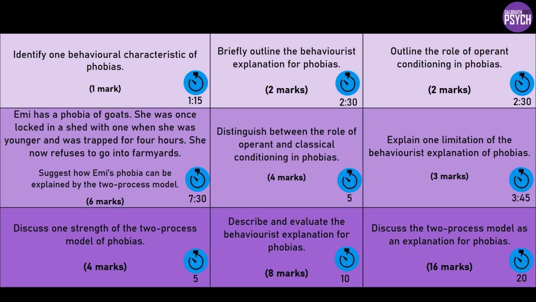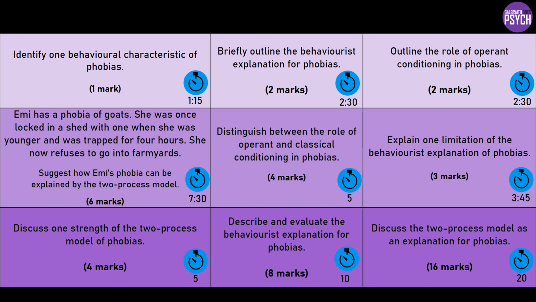You could also introduce, if you wanted a different point, there's research that shows that not everybody with a phobia has some kind of traumatic event that triggered it. According to this theory, there should be some kind of initiation event, yeah? Some kind of classical conditioning that's happened that's made them fear whatever the stimulus is. It might be a phobia of a dog, and it might be that they were bitten by a dog, or it might be that there was some kind of wasp that stung them or something like that, and that's initiated the phobia.